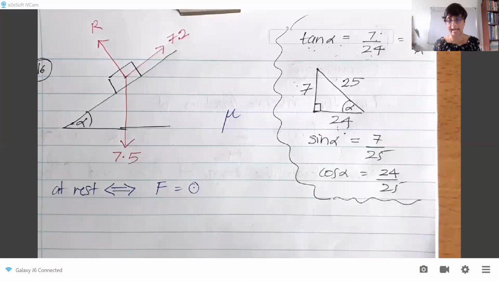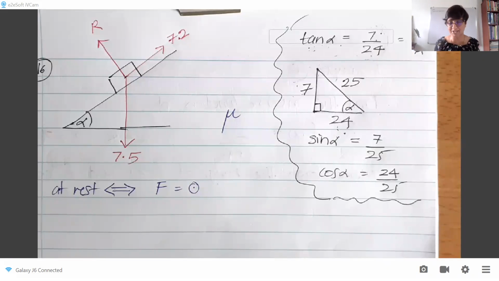Maximum friction acts either when you have reached the limiting equilibrium, if you have reached the point that it is about to move, or if it is moving now, if it has started moving. If something is moving, maximum friction would be acting on it, or it is about to move and still in equilibrium. These two are the two cases in which maximum friction acts.